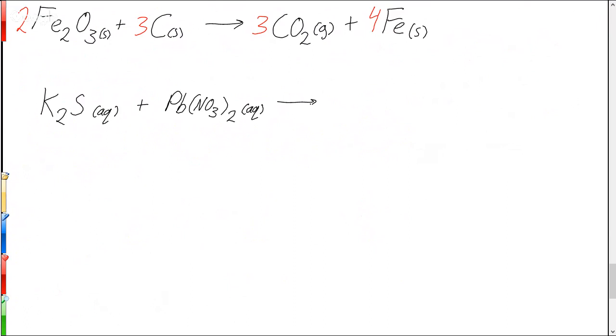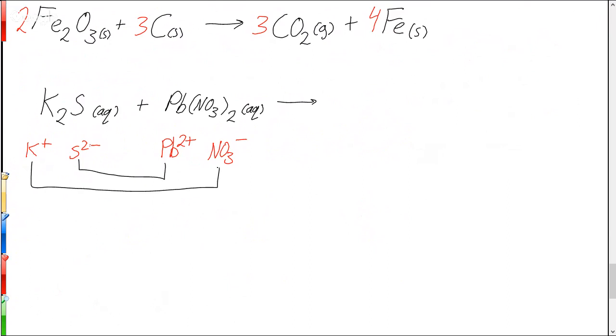In this case, K2S is made of K+ and S2-. Pb(NO3)2 is made from lead 2+ and NO3-. So if we now make a new compound that connects the lead with the sulfide and the potassium with the nitrate, 2 new compounds, we're going to balance out those new charges too.